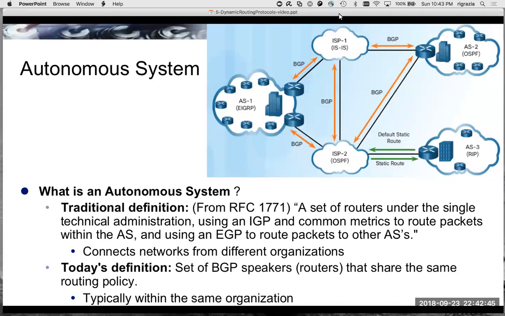It's when you have to connect to another organization's router to exchange routing information, and we typically use Border Gateway Protocol to do this. There is a more current definition, which is a set of BGP speakers, routers that share the same routing policy. You don't need to know that right now, but in later videos, I'll talk about Border Gateway Protocol.